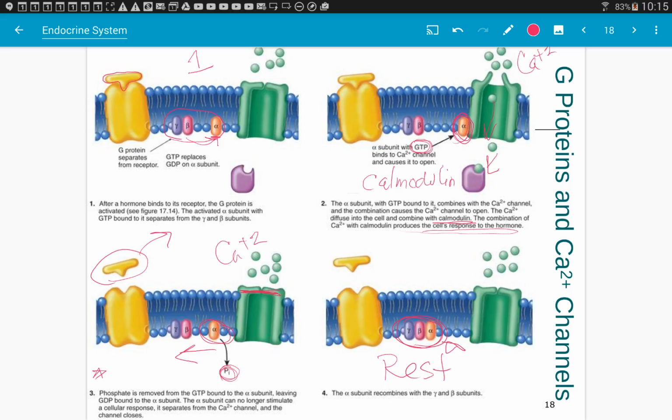All the subunits are together. The calcium channel is closed, and there's nothing bound to the receptor. So when a hormone does bind to a receptor, it causes changes in the G protein that's bound to the inside of the plasma membrane that can then cause changes inside the cell. You get rid of a phosphate from the GTP. That causes alpha subunit to go back, rejoin the G protein, and basically reset itself.